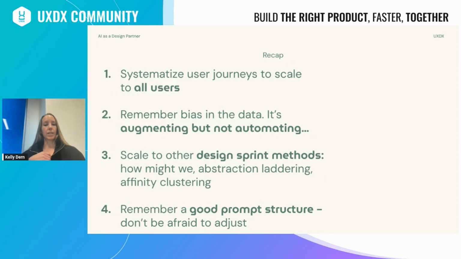You can scale this to other design sprint methods. Today we talked through user journeys, how might we statements, abstraction laddering, and affinity clustering. I think you could also do lots of other types of design sprint methods, and I'd be curious to see what you all have tried. And remember a good prompt structure, and don't be afraid to go back and readjust your original prompts.